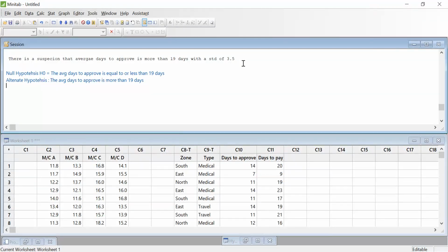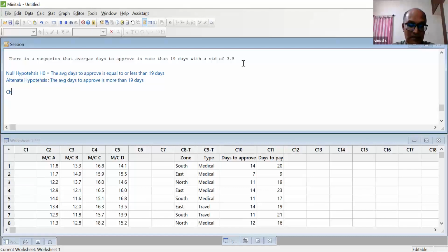The third thing is to choose the test. Which test is applicable here? You have to check the average, or the mean, with a standard deviation given, a historical standard deviation. So from our early discussion, what was the appropriate test here?